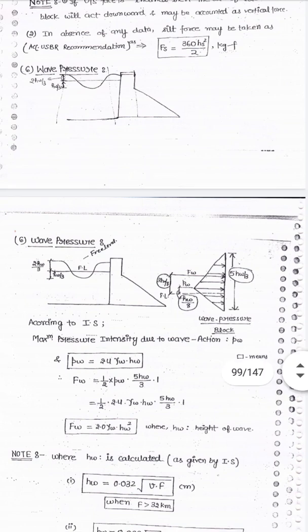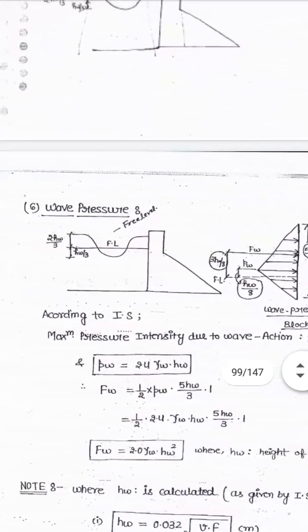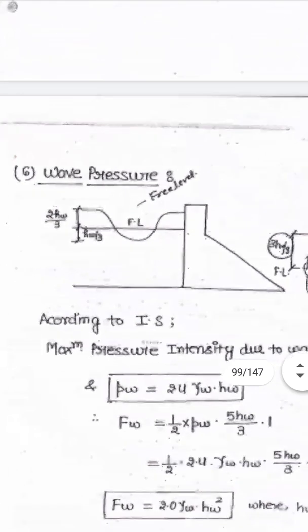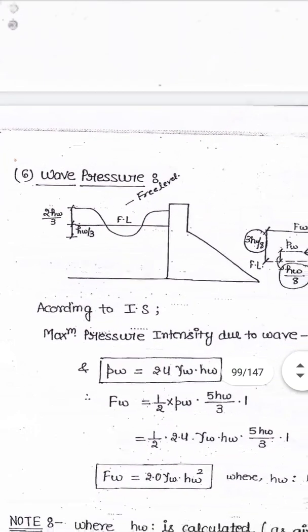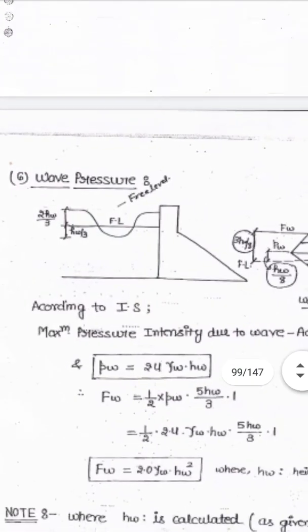As you can see in the figure, the height of the wave is hw, and the wave acts 2hw by 3 above the pre-surface level or full supply level of the dam, and hw by 3 below the water surface level.